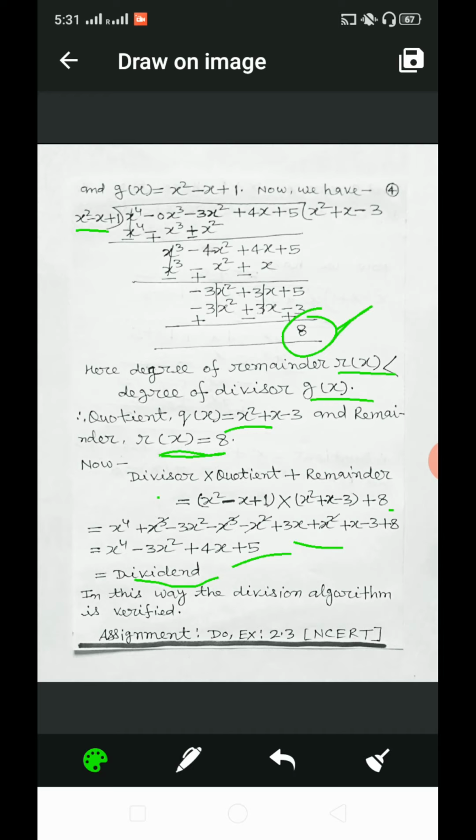So in this way the division algorithm is verified.